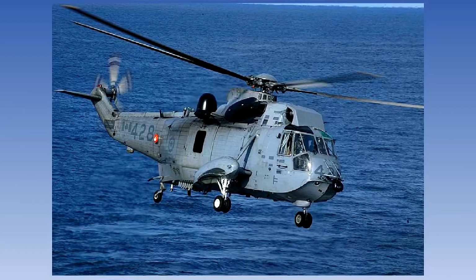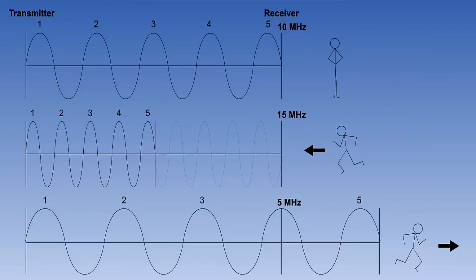Let's summarize this lesson. The Doppler principle is used to establish the relative speed of a moving object by measurement of a radio frequency and the determination of the difference between the transmitted and the received frequencies.